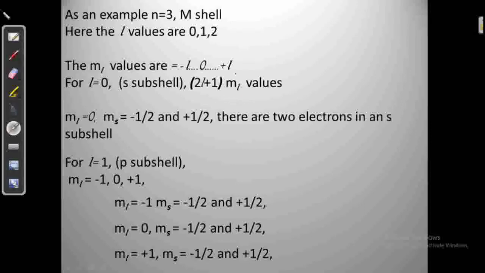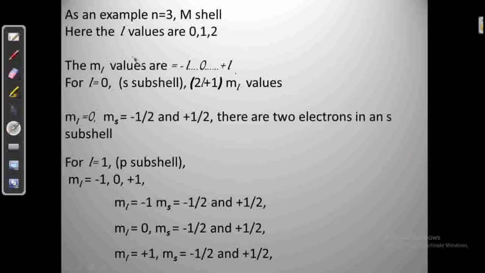For ml equal to 0, there will be two orientations, ms equal to minus half and ms equal to plus half. That means there are two electrons in an s subshell, when L equal to 0.